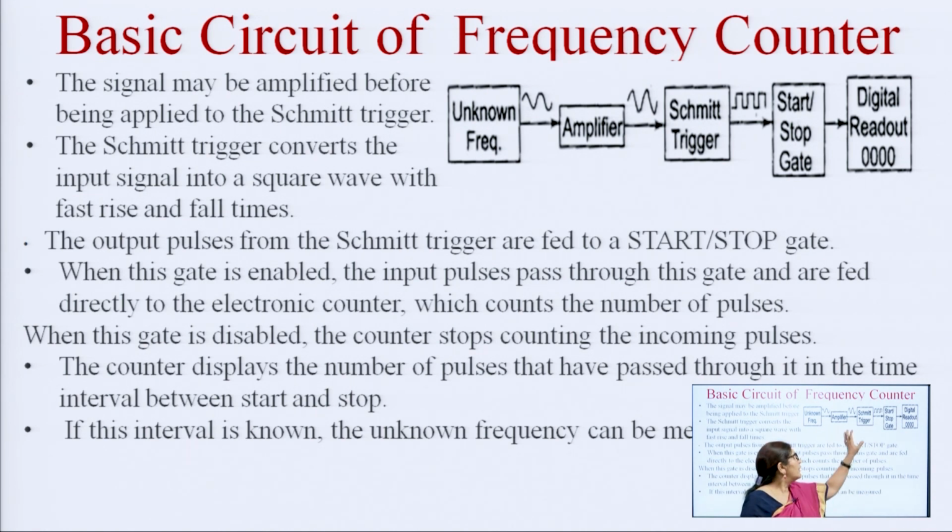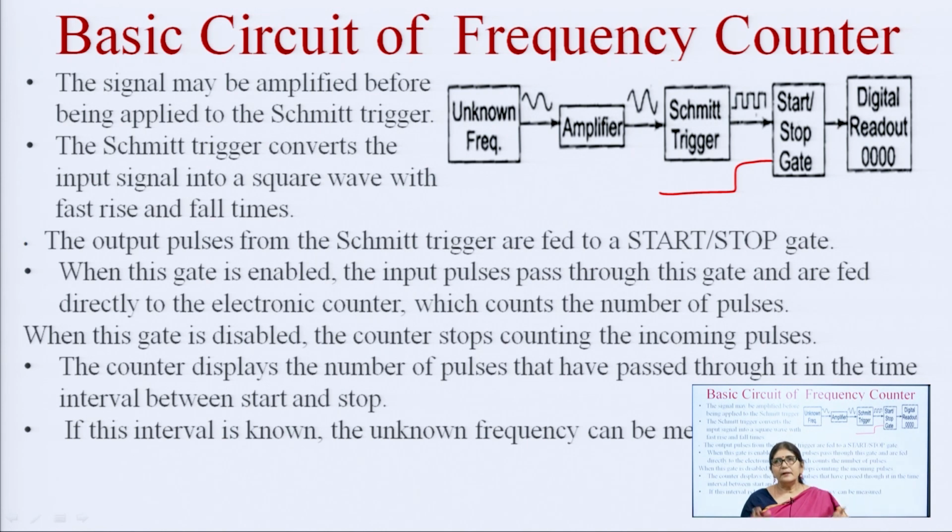The output of the Schmitt trigger is fed to the start stop gate. When it is fed to the start stop gate, the leading edge of the first pulse opens the start gate and the pulses pass through, and when the stop pulse is applied, it stops the gate functioning.